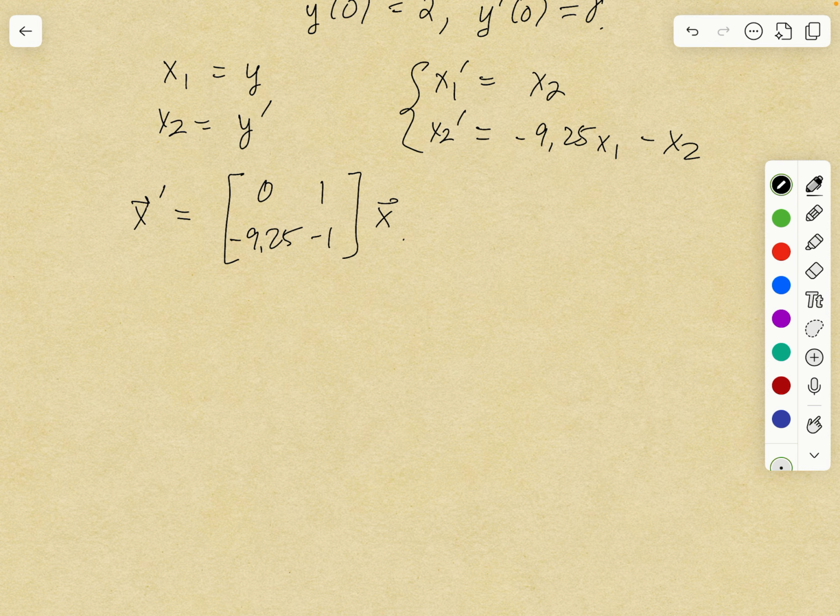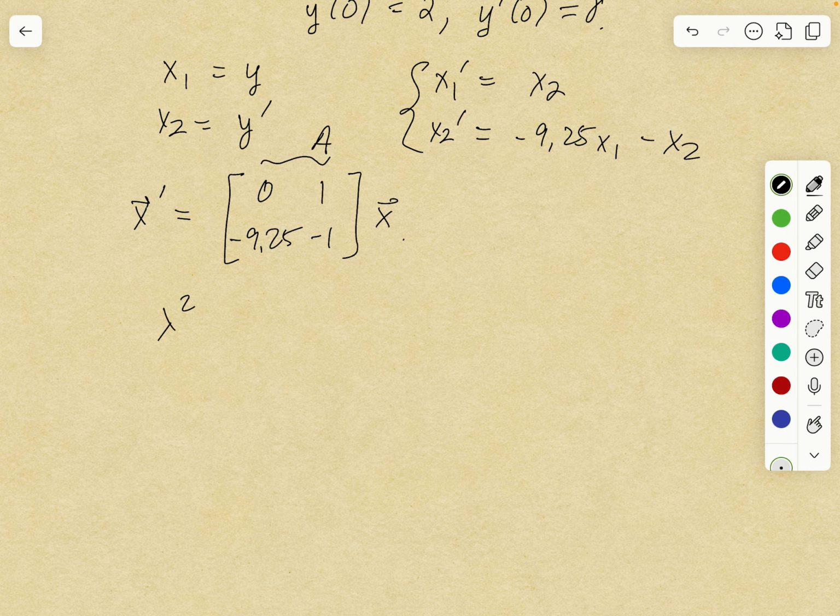Okay, so this is our matrix A. And so we calculate the characteristic polynomial. You could use lambda if you want.